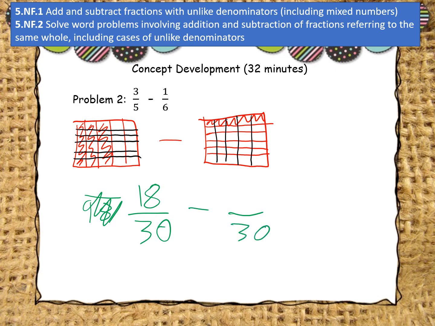So over on this other side, which was 1/6, is now 1, 2, 3, 4, 5, 5/30ths. And now that we've done all that, this is very easy to subtract because, of course, they have the same denominator. So 18/30ths minus 5/30ths is going to equal 13/30ths.